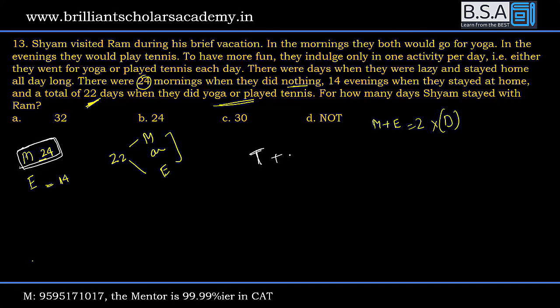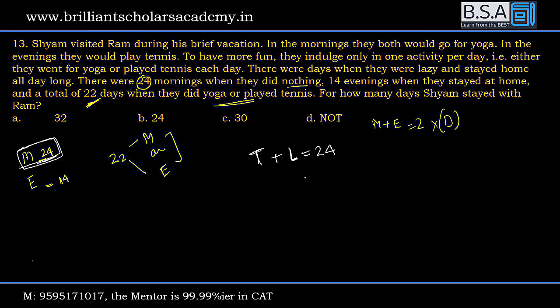If they did nothing in the evening, that means the entire day was a lazy day. 24 mornings they are doing nothing. So there will be 24 instances they will either play tennis or they will be lazy throughout. L is lazy. Lazy means entire day is wasted.